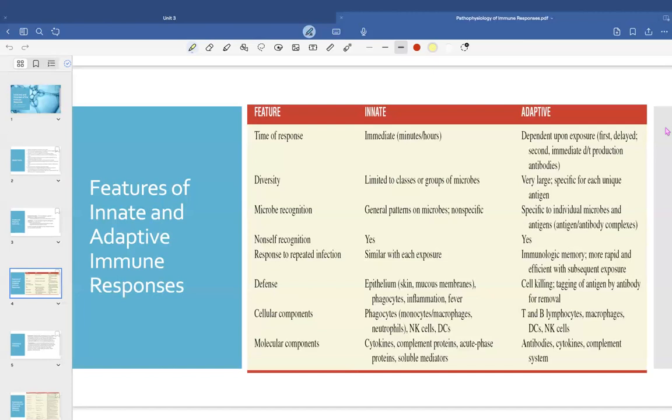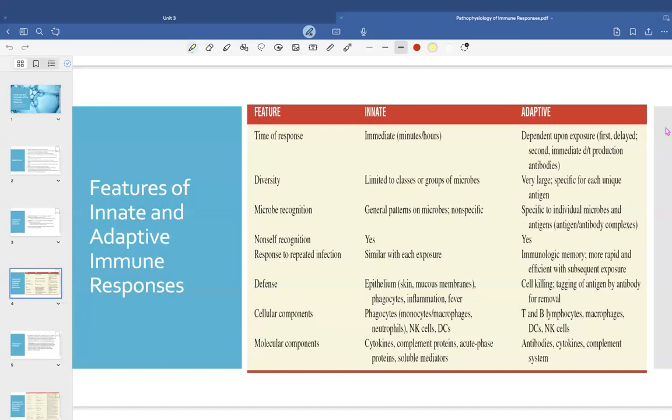Diversity. Your innate is very limited to classes or groups of microbes that have very specific elements on their surface that our immune system recognizes as foreign. Now, if they have that slimy coat that covers those proteins, all bets are off, because that's one of the evasive mechanisms.